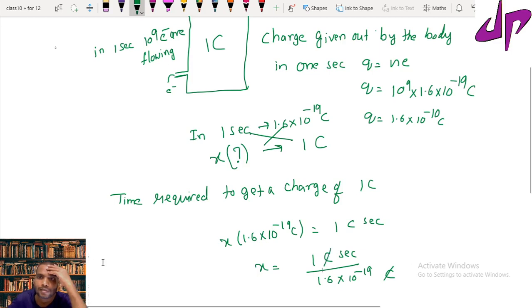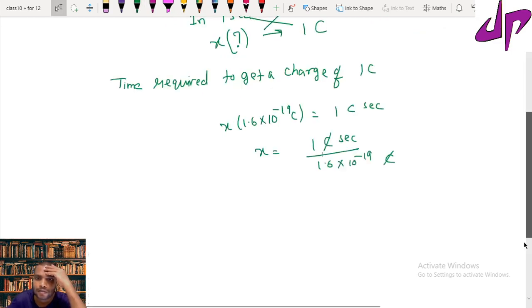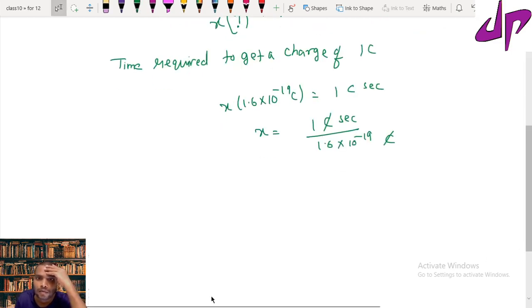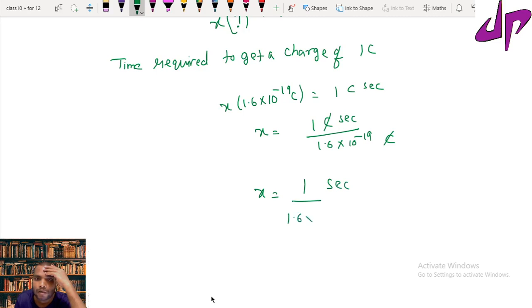Coulombs cancel. The value of x is 1 second divided by 1.6 times 10 power minus 10. Finally, on division, x equals 6.25 times 10 power 9 seconds.